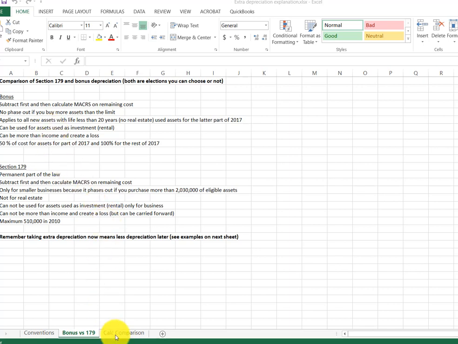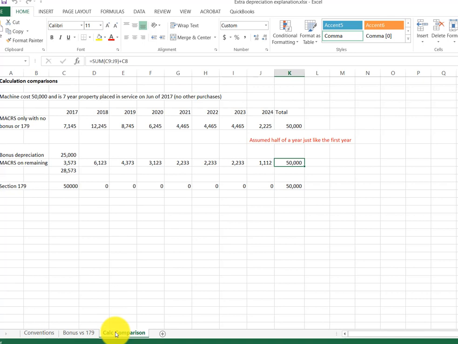All right. And then a calculation comparison on this last tab, showing how you depreciate each year, buying something in 2017 where you elected not to use bonus or Section 179, because you can choose to ignore both of them. Half year in the last year, half year in the first year.